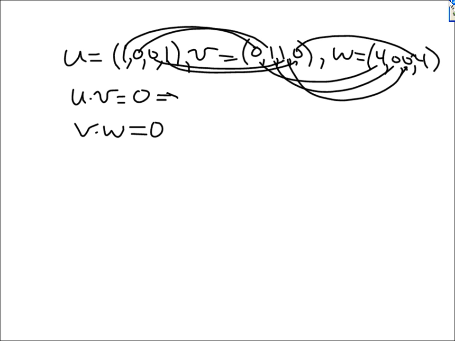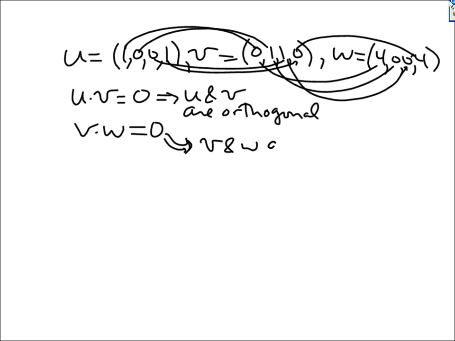Well, this implies that u and v are orthogonal. v dot w equals 0. That implies v and w are orthogonal. They're both orthogonal.